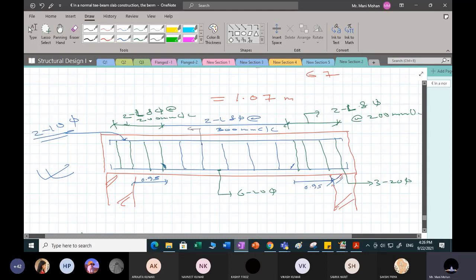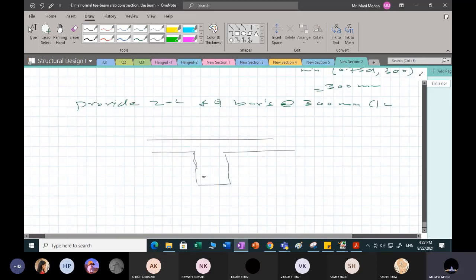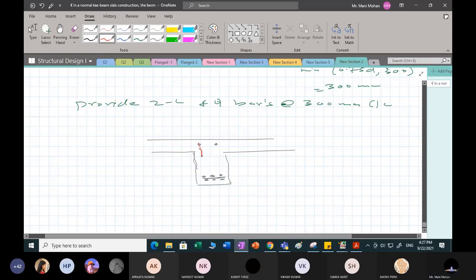So I'm making one section at mid span, section 1-1, and one section near support. That will also give you an idea regarding reinforcement. First I'll make section 1-1. In section 1-1, you have 6 numbers of 20 dia bar. In between you have a spacer bar, and here you are placing 2-10 dia bar and connecting them by stirrups.